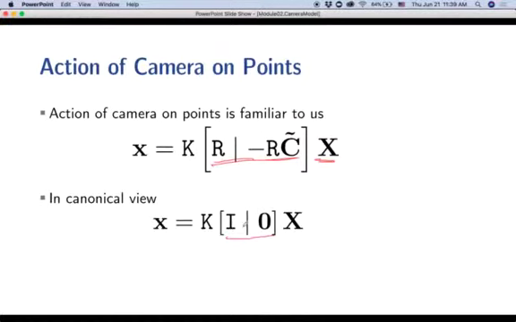Those are identity elements for rotation and translation. This 0 is written in boldface, which means it's a vector of zeros of appropriate size, in this case 3. And so I have only K and X. This is now familiar to us. We understand this pretty well.